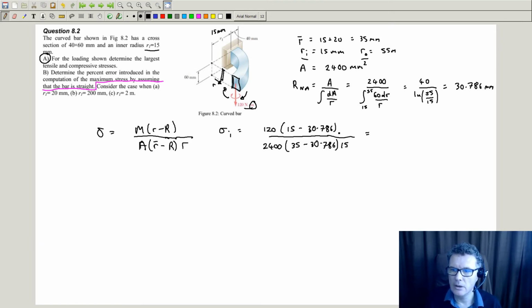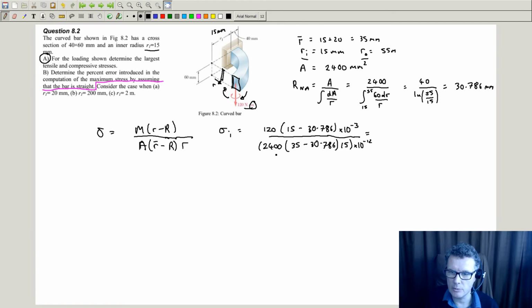So let's do this again in SI units. So that's times 10 to the minus 3, times 10 to the minus 6, to the minus 9, to the minus 12.